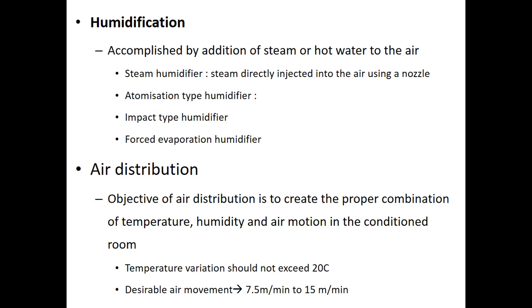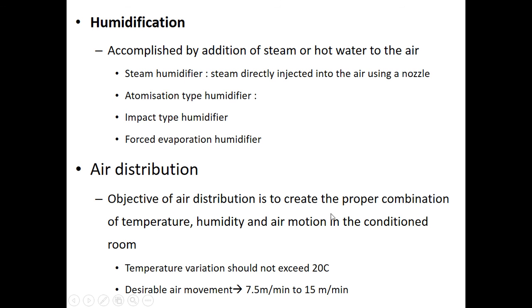Sometimes eliminators are placed at the top to remove any water droplets carried in the air. Our idea is to increase the humidity, which means convert the dry vapor into wet vapor.